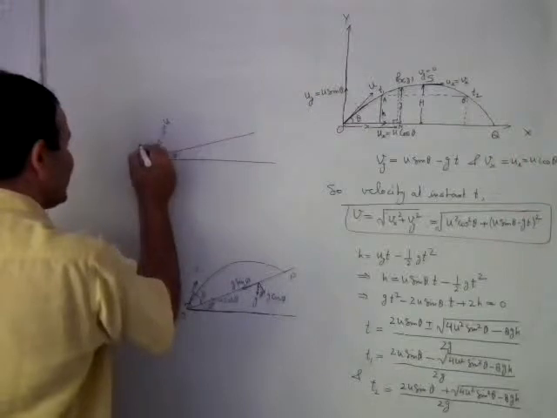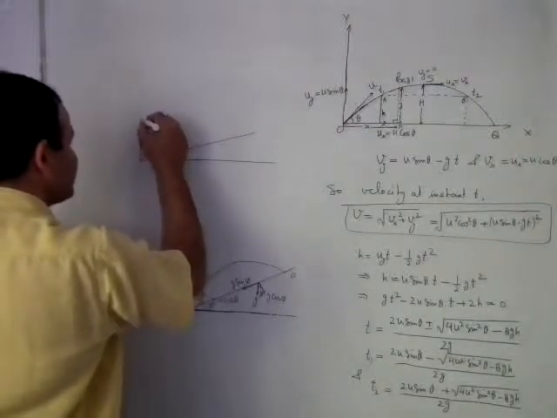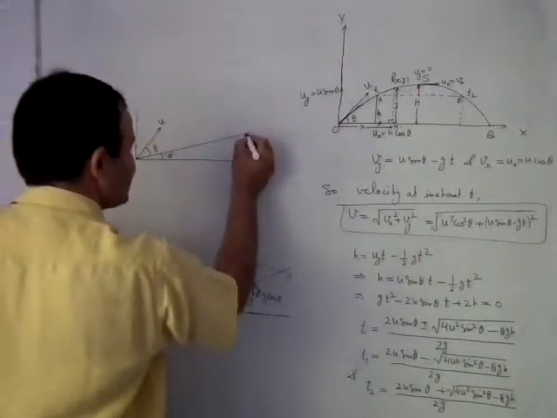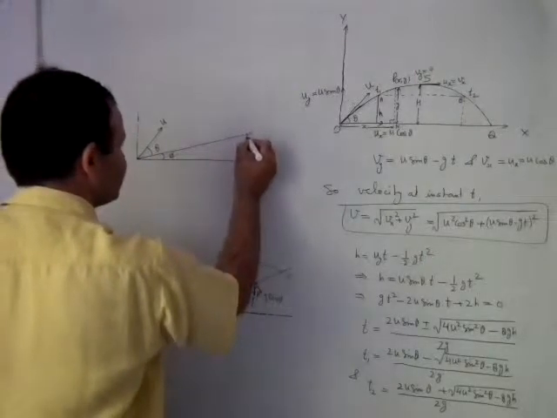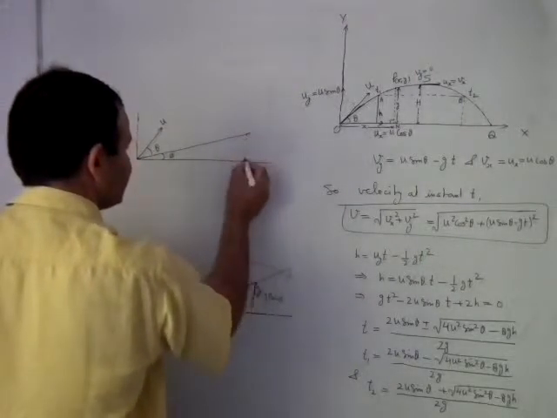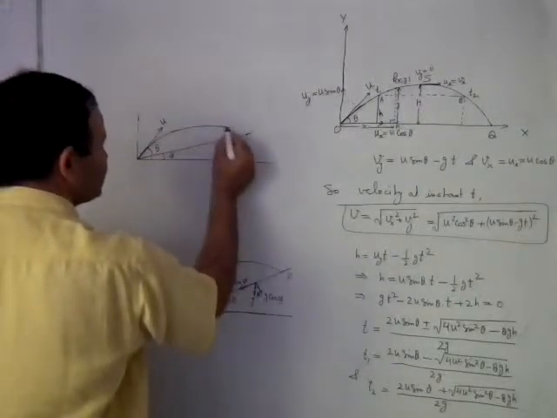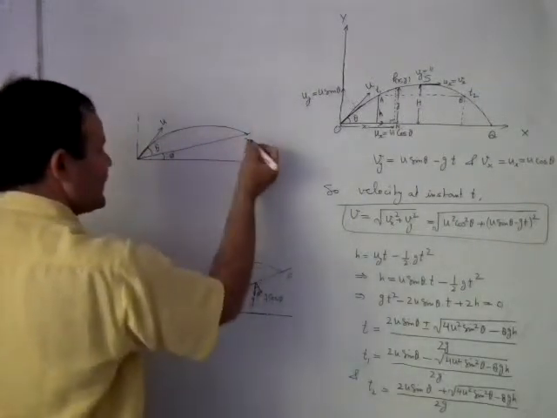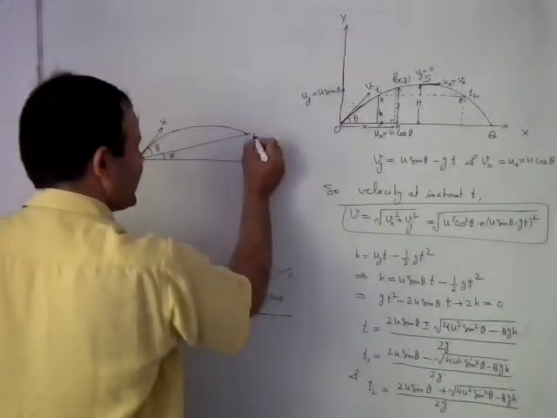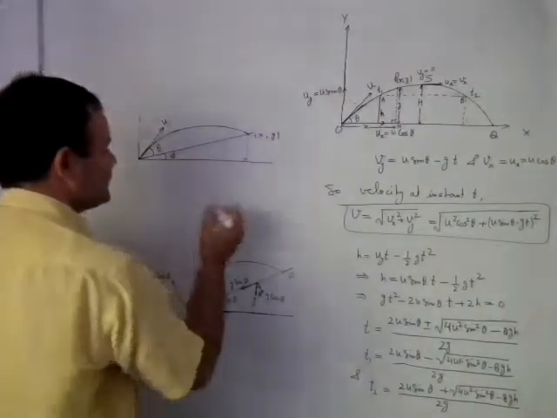Then we will have two components of its velocity. Say this point is the point where the projectile hits the plane, and the coordinates of this point can be taken as x, y.